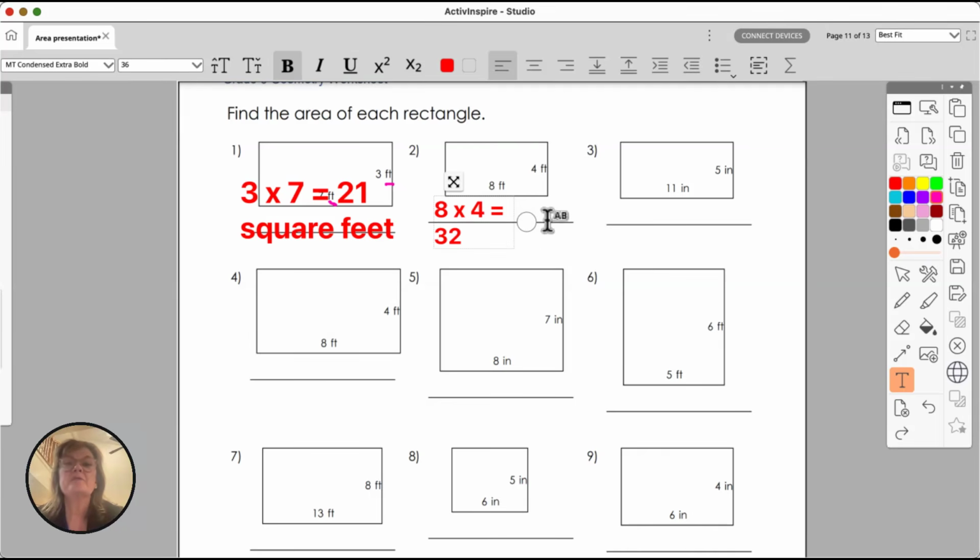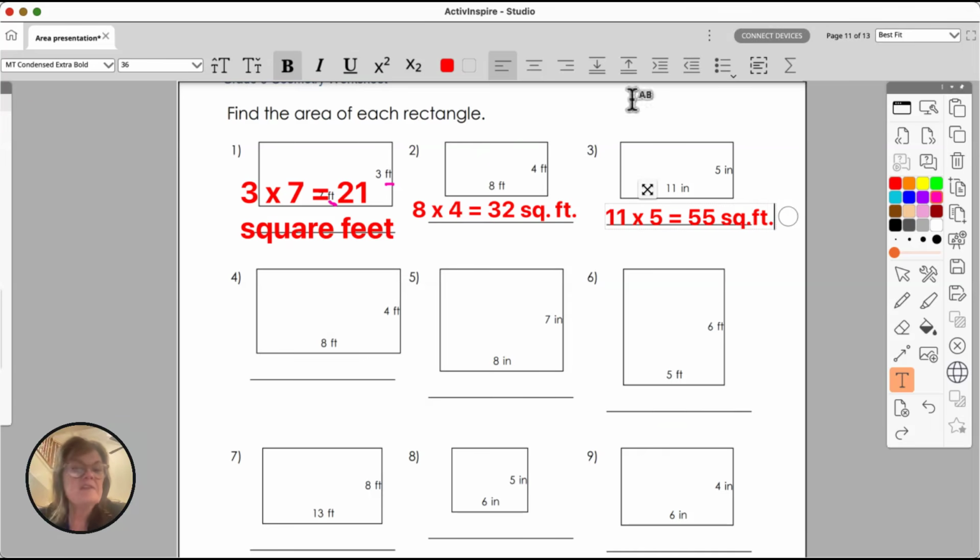Yep, 8 times 4 equals 32 square, and I'm going to abbreviate square feet. That's fine for you to abbreviate that way too. SQ for square and FT for feet. All right, here what do we have? We have 11 times 5, and that would equal 55 square feet.